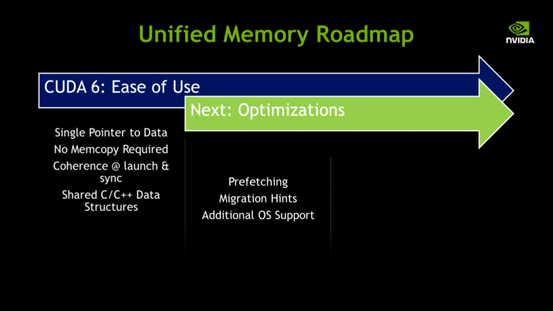And also, we'll be expanding platform support to more operating systems, more platforms. Today, we have 64-bit Linux and Windows support for unified memory. And on the Tegra K1, it's supported in 32-bit Linux.